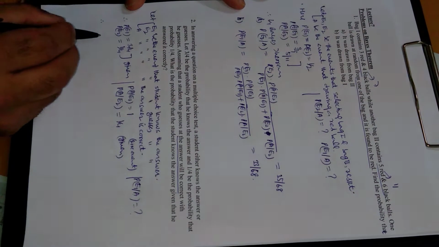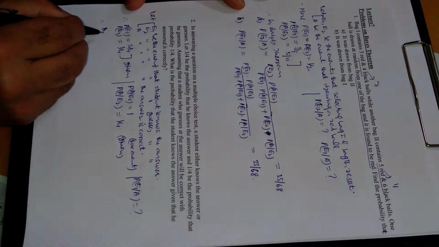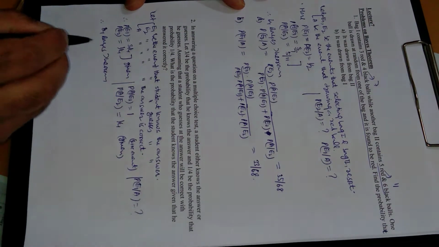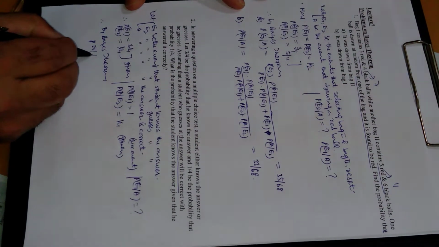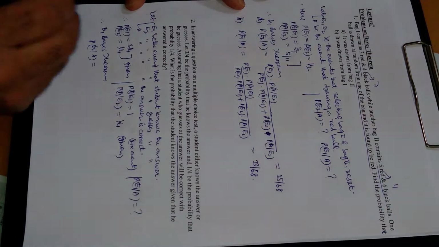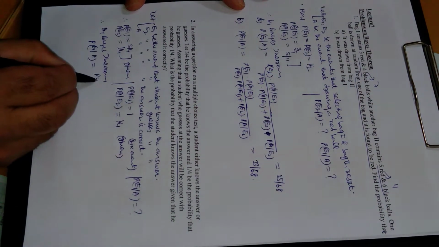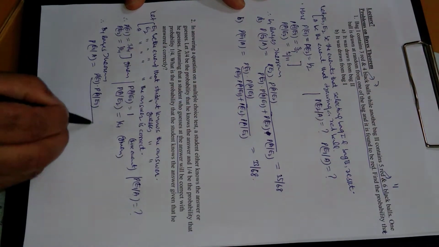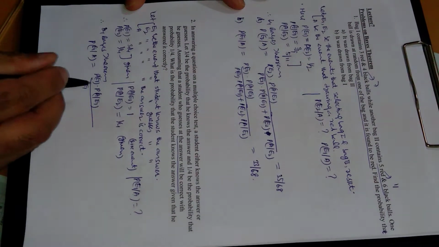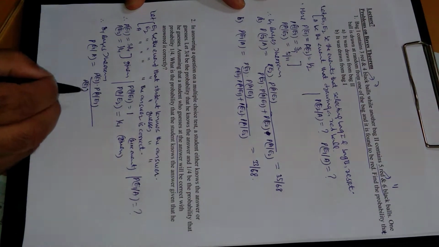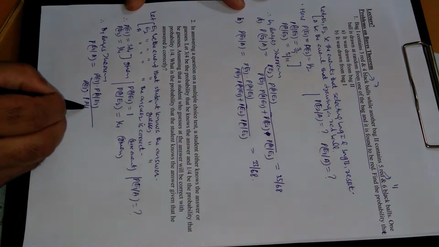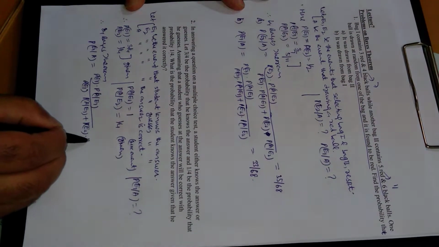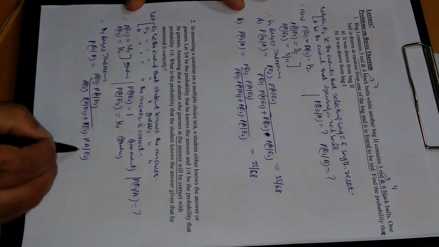Therefore, by Bayes theorem, we have to find the probability of E1 slash A. So this is P of E1 times P of A when E1 has already occurred, divided by P of E1 times P of A when E1 has occurred plus P of E2 times P of A when E2 has already occurred.